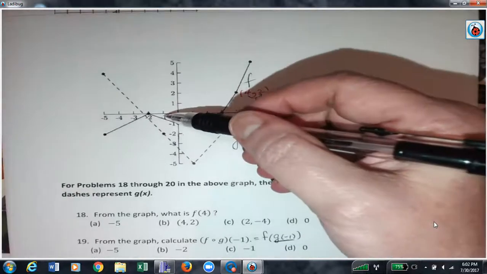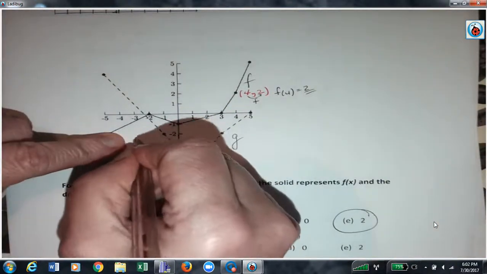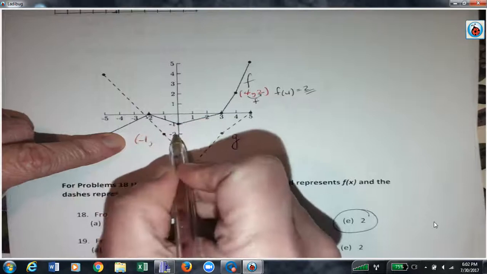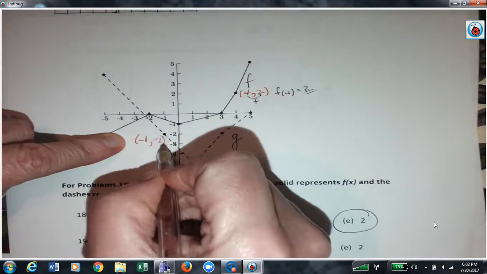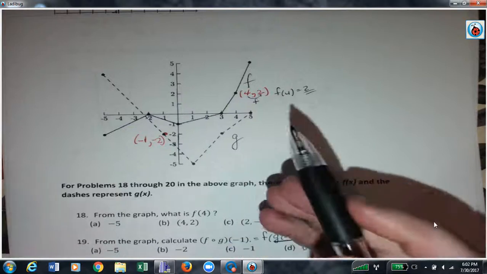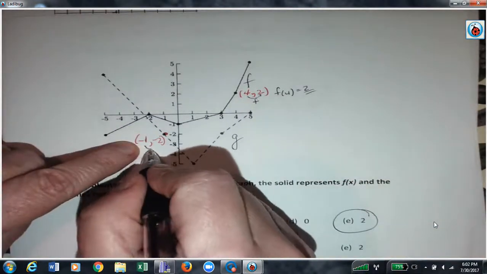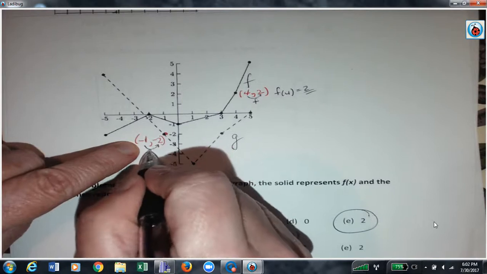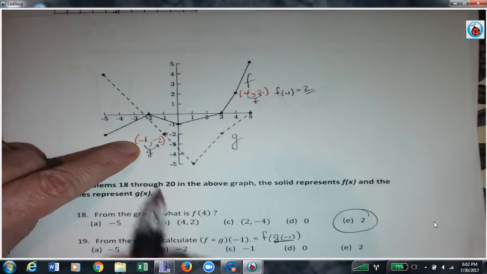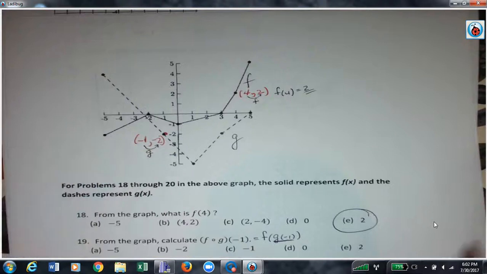So if the x-coordinate is -1, this point is on g: (-1, -2). And so what does a function do to a point on its graph? The function maps the x-coordinate into the y-coordinate. So g evaluated at -1 is equal to -2.